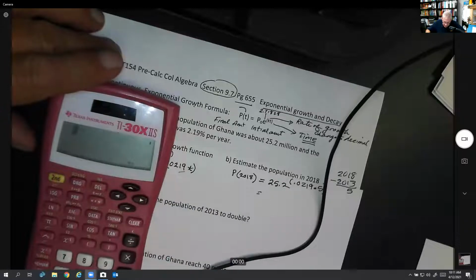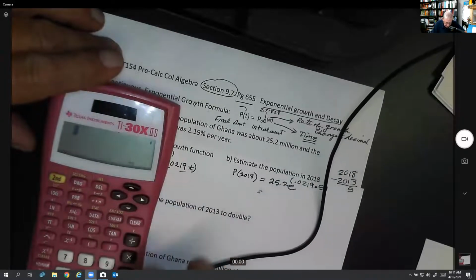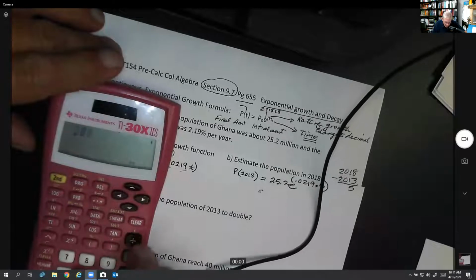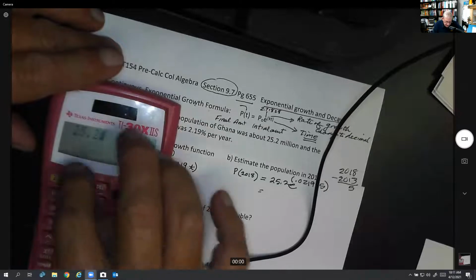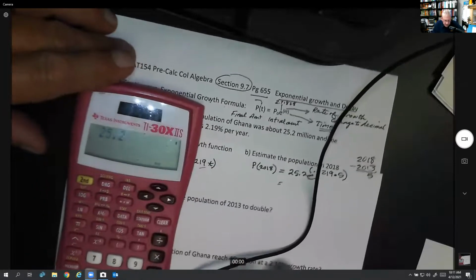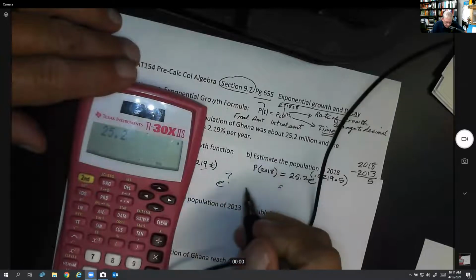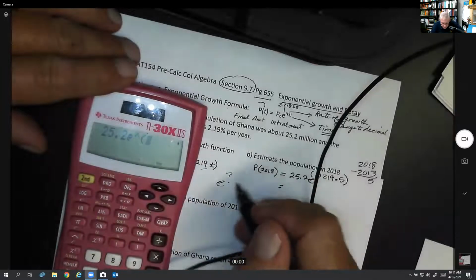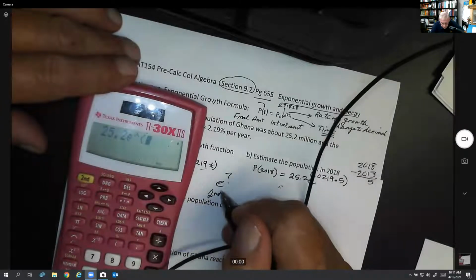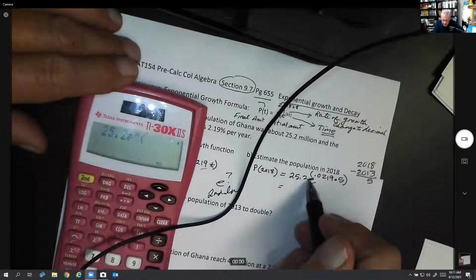We forgot E in here, didn't we? Oh, let's try this again. 25.2 times E. How do I get E? I'm going to hit second ln because I need E in here. E to this power.